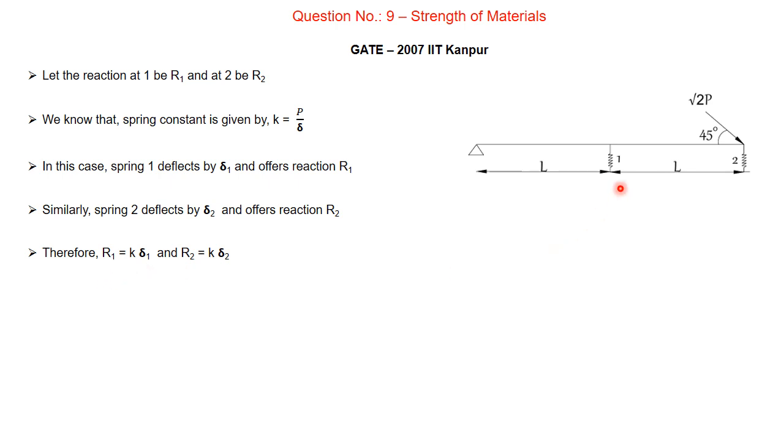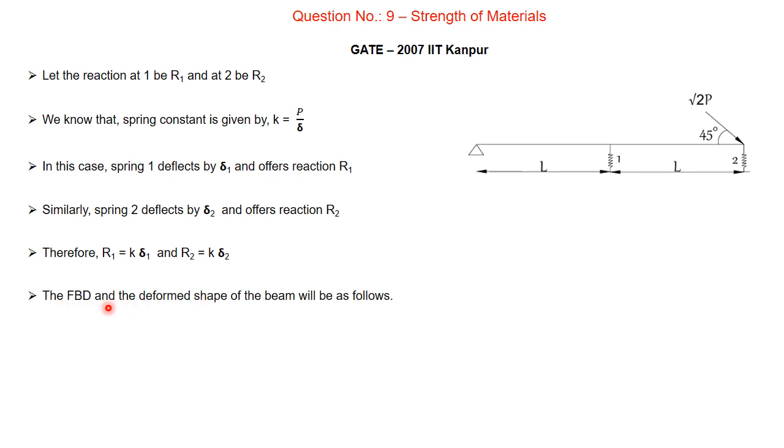Now the reaction this spring will offer is R1, and that value is going to be equal to K into delta 1. We arrived at this equation using this formula here. Here P is nothing but R1. If you want the R1 value, I will take this delta next to this K, that is K into delta 1. Similarly R2 will be equal to K into delta 2.